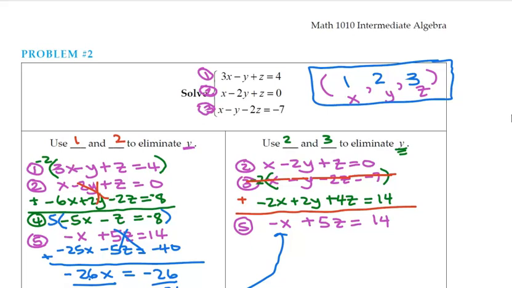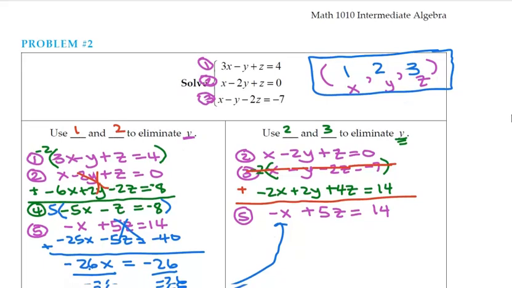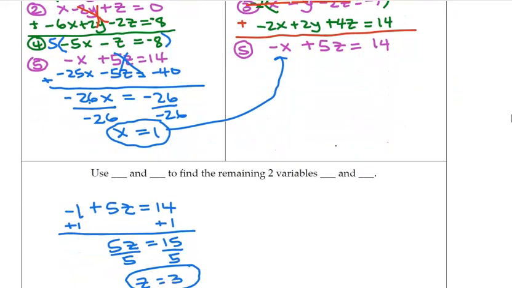So again, just to talk about what we did: we took two equations and eliminated one of the variables. We eliminated y. Then we took two other equations and eliminated y again. And then we put 4 and 5 together so that we could find one of our answers, which was that x equals 1. And then once I knew that, I could plug that x equals 1 back into either 4 or 5.